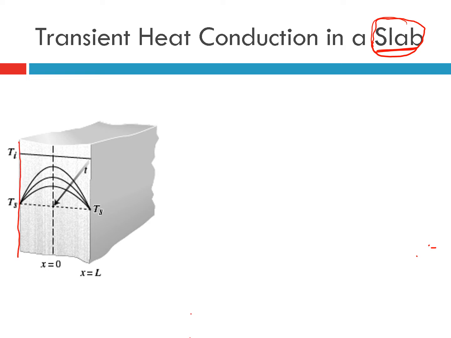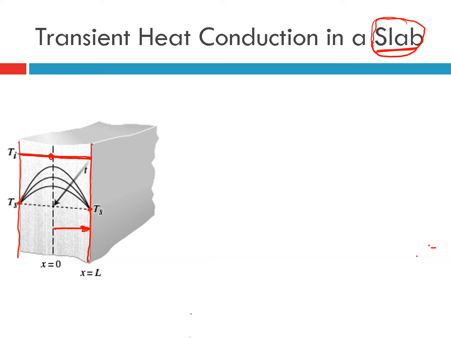So here these are the two sides of the slab, and the heat transfer is one dimensional because this is the shortest distance. If we think of a cooling process, initially let's say the temperature is high, and then you start to cool at the surfaces. Then at any given time your center, which is farthest away from the surface, is going to be warmest.